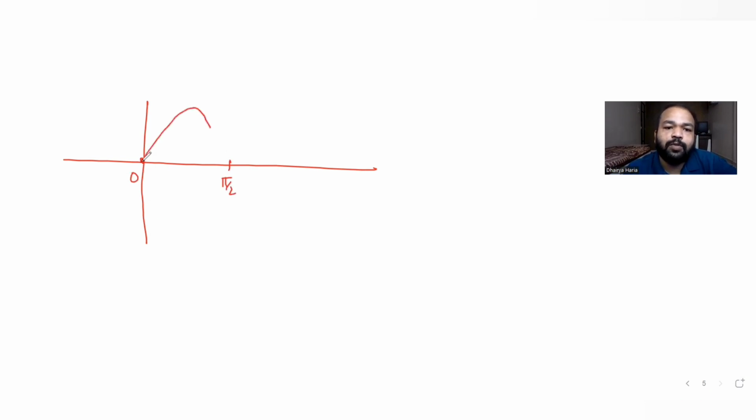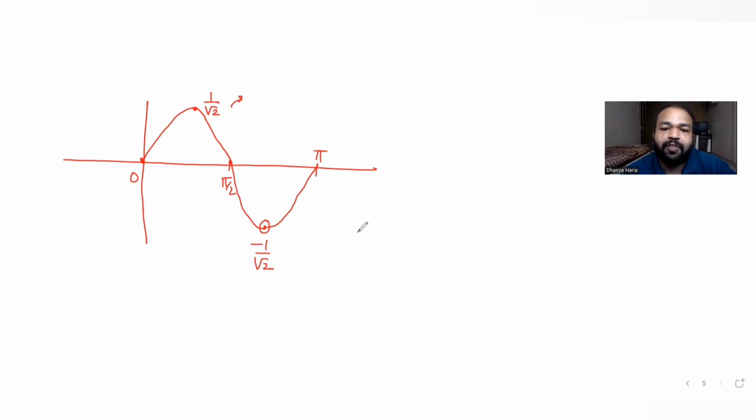Now, if I see the curve for sine, I know sine 0 is 0, sine pi by 2 is 1, and sine 45 becomes 1 by root 2. Then sine pi becomes 0, and sine 3 pi by 4 becomes minus 1 by root 2.